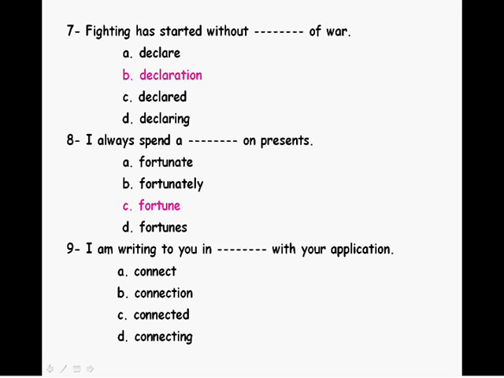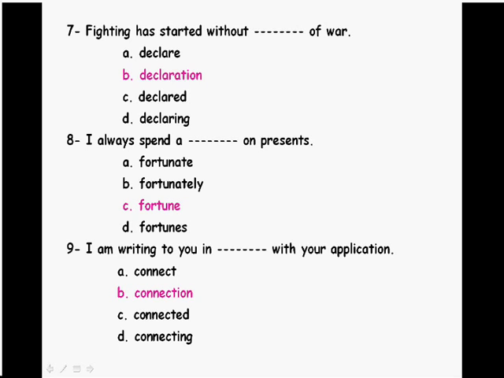Is it connect? No, this is a verb. So, which word is the noun? Very good. So, it is connection because it ends in T-I-O-N. So, this is the noun. I am writing to you in connection with your application.